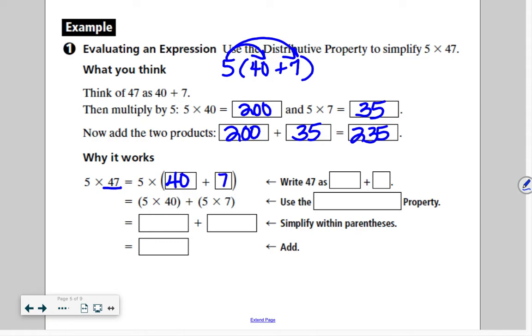Now we're going to write that again. Write 47 as 40 plus 7. What property are we using when we take the 5 times the 40 and the 5 times the 7? Distributive. We're using the distributive property.